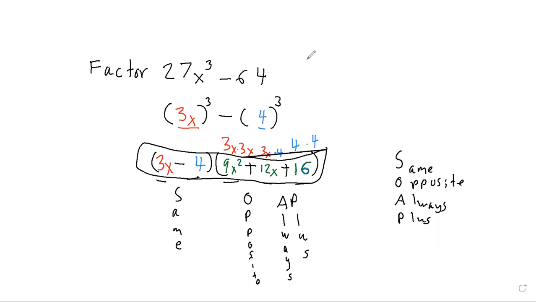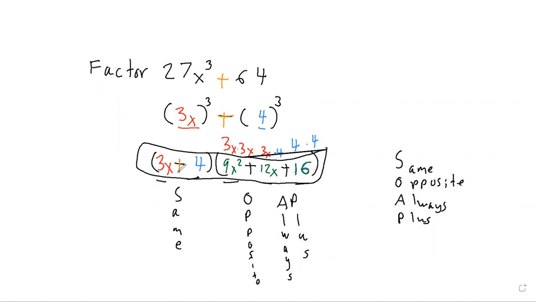You might be wondering, how would this question be different if we had a plus in the original problem? So if we had a 27x to the third plus 64, then we would have 3x to the third plus 4 to the third. And when we use SOAP, S stands for same.